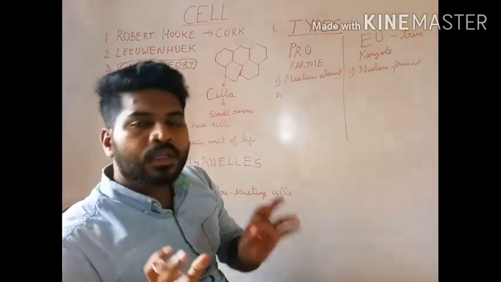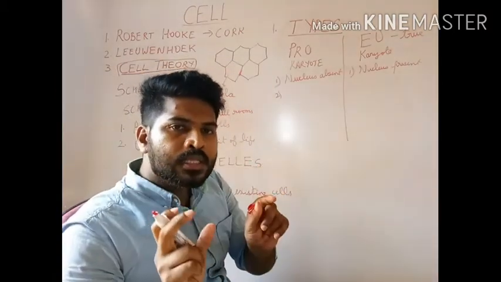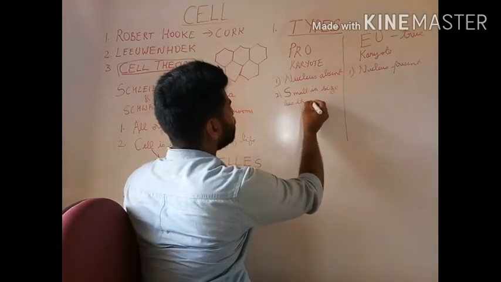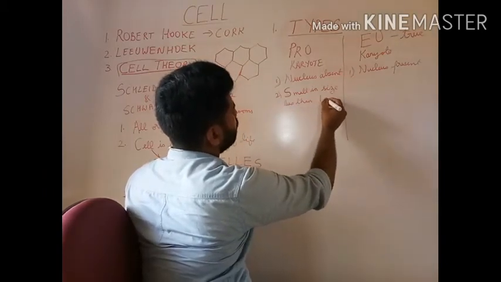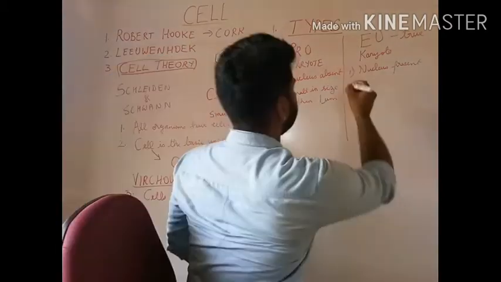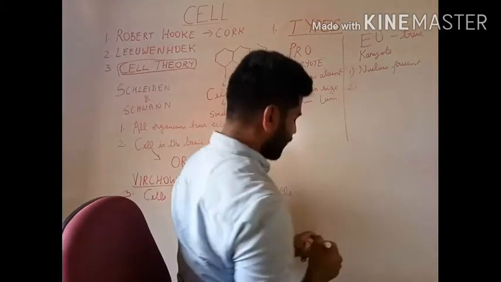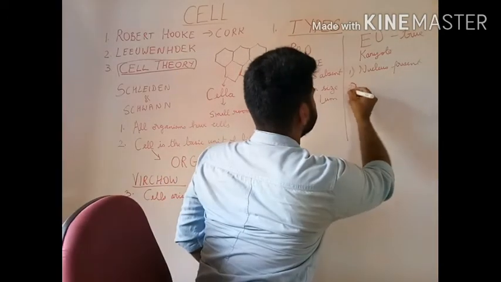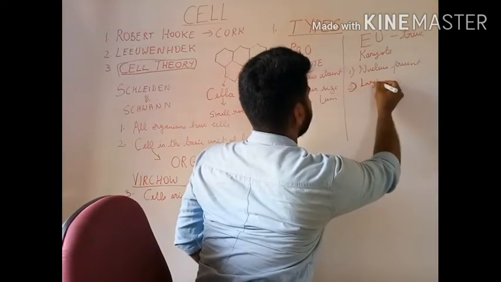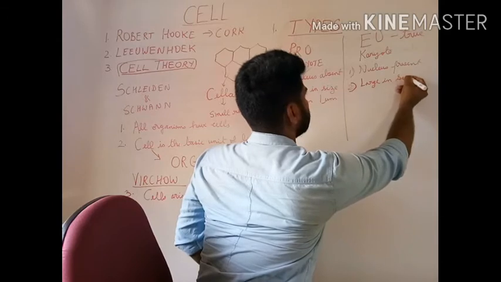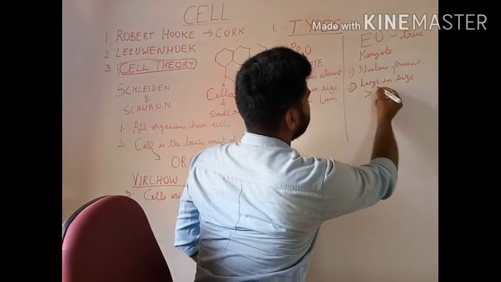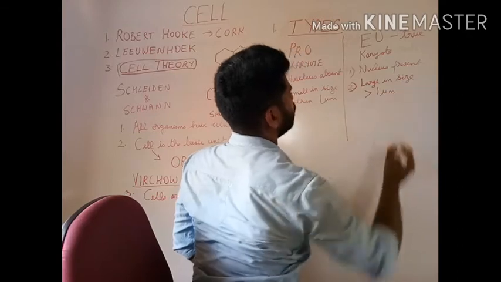In general, the prokaryotic cells are small in size, less than 1 micrometer, whereas eukaryotic cells are comparatively larger, greater than 1 micrometer.